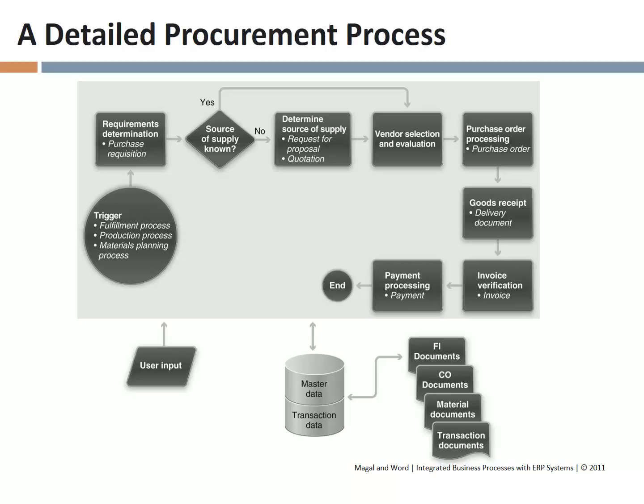And one of the first questions we run into is, do we know where we are buying this item that has been requisitioned? And as we talked about last time, sometimes companies have contractual arrangements with suppliers, and so we know that a product of this type is always going to be bought from this particular supplier.